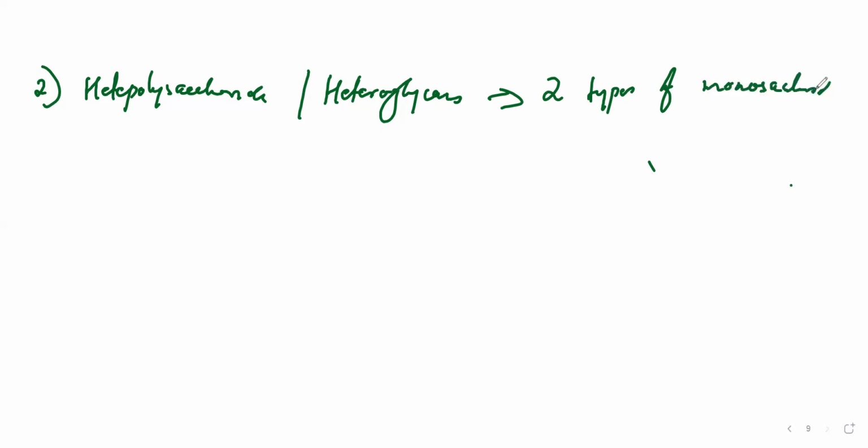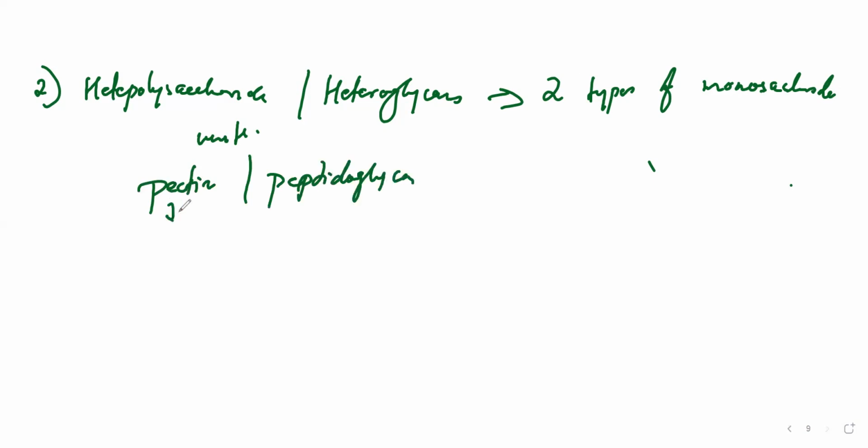For example, pectin or peptidoglycan. Pectin is something which you will find in fruit, in the fruit skin. Whereas peptidoglycan is mostly found in the bacterial cell wall.